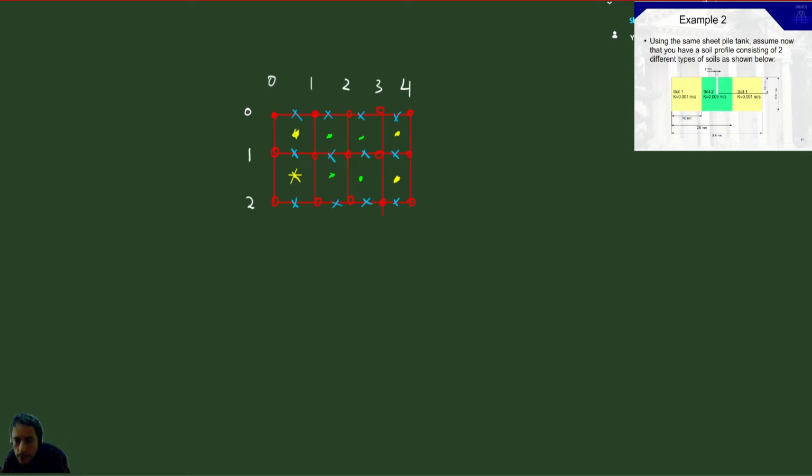Okay, so for this node here, I need to look at the average between these two cells. Let's change the color. I think it's a bad color for that particular one. This one maybe. Okay. So for this node, I have to look at Ky here and Ky there, right?